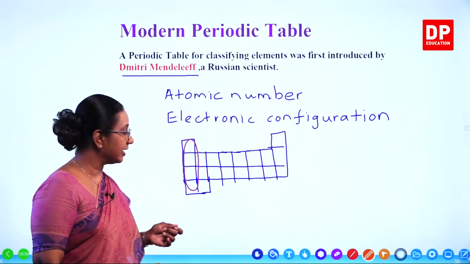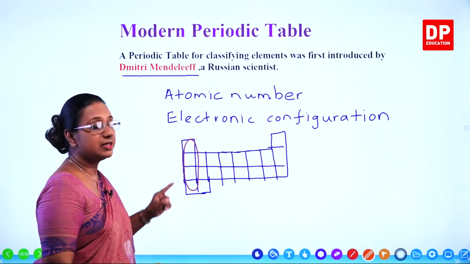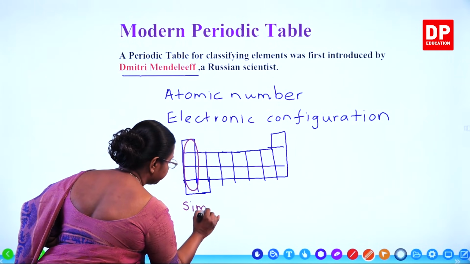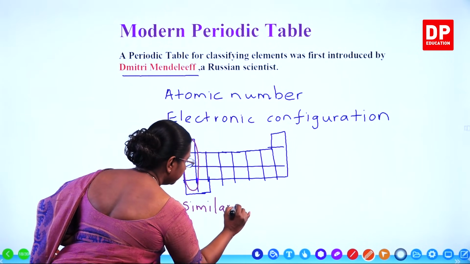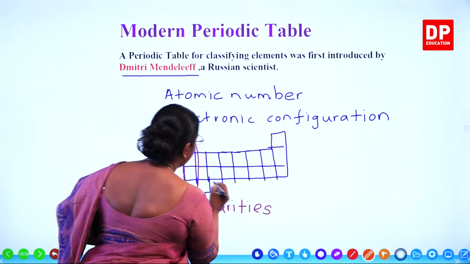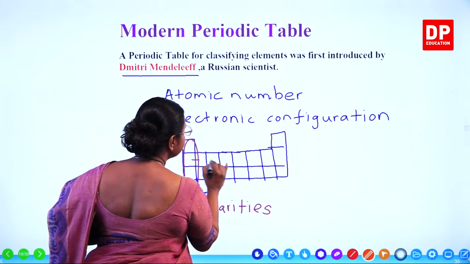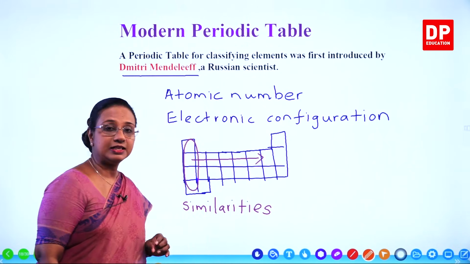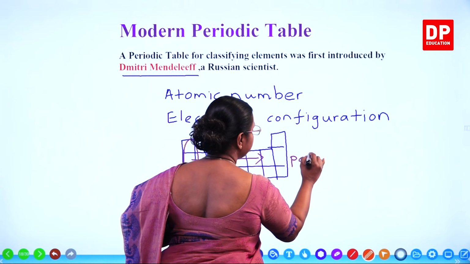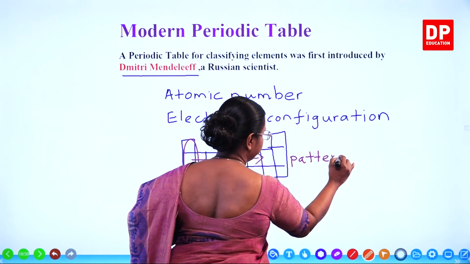We will look at that now. These elements will have similar properties. We can say similarities. And also you will see there will be a certain trend or a pattern in this periodic table.